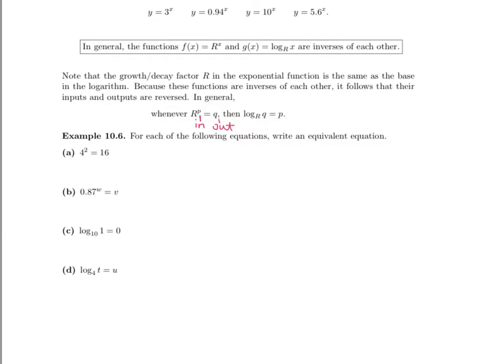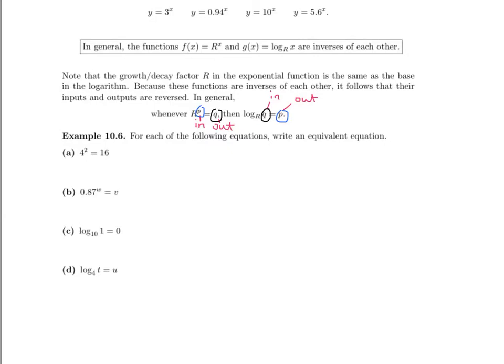But when I write this equation in terms of logarithms, notice that the q is now the input and the p is the output. So you can see they are opposite. Here p is input, here p is output. Here q is output, here q is input.